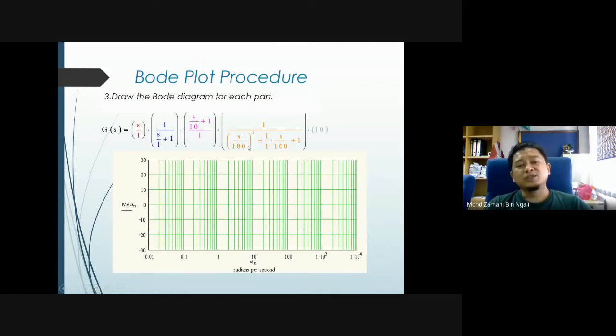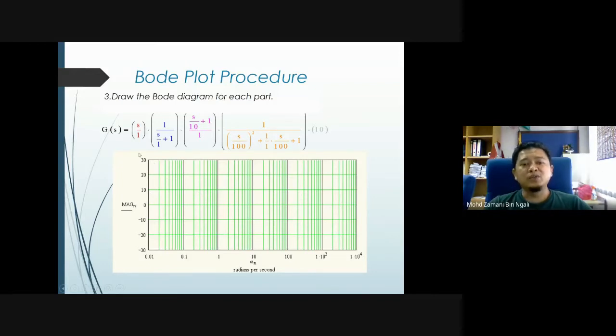Whatever is at the numerator, the line will go either straight or upward. For those S's at the bottom side, the denominator, it will go either straight or downward.